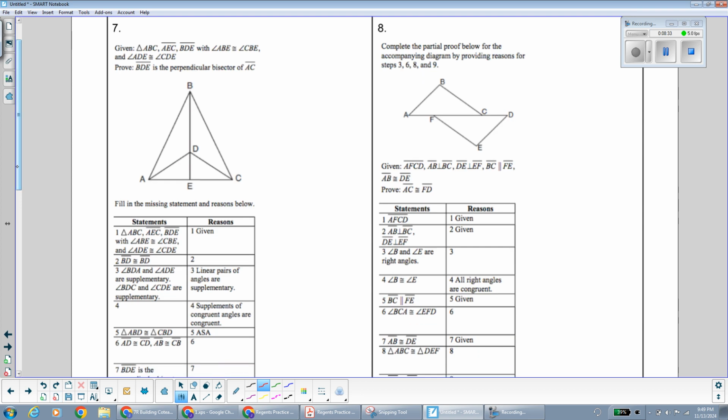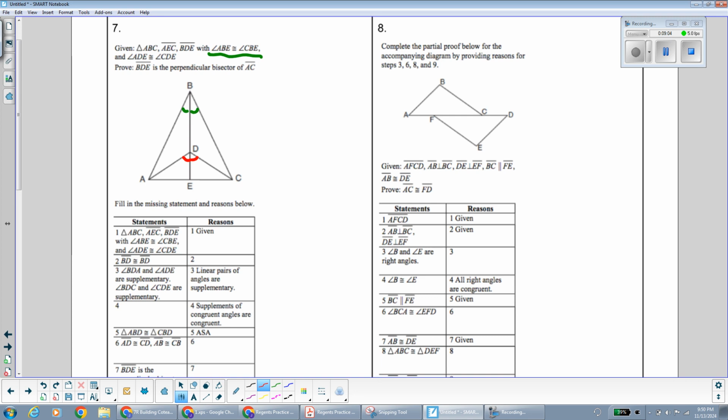Now we're up to the fun page, the proofs over here. So let's take a look and let's try to fill in the blanks over here. So we have angle ABE congruent to angle CBE. And we have angle ADE, ADE right here, congruent to CDE right over here.